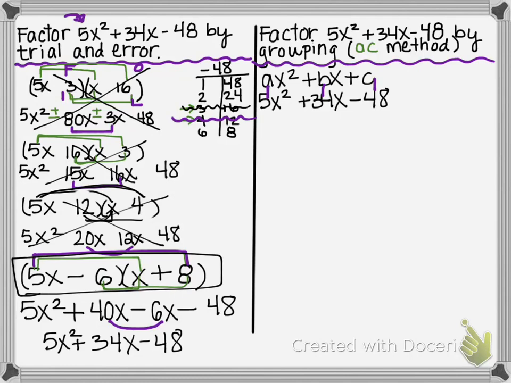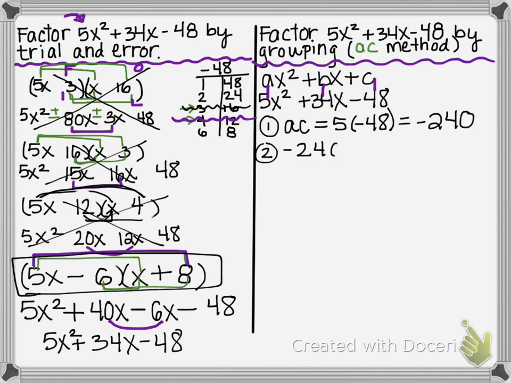So when we do factor by grouping, the first step is to multiply A times C. So this is going to be 5 times negative 48, which is going to give me negative 240. Step 2 is you use the negative 240 and you find factors of that.